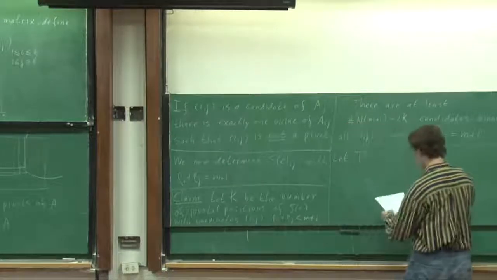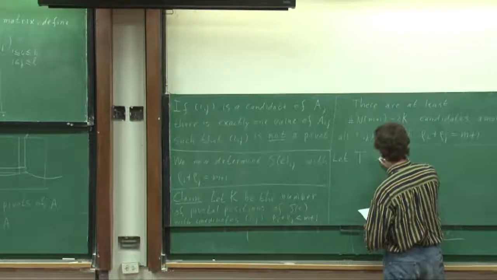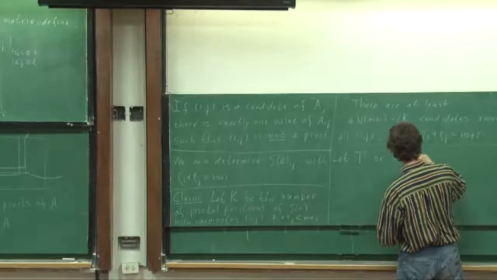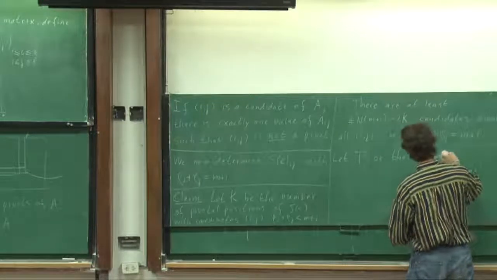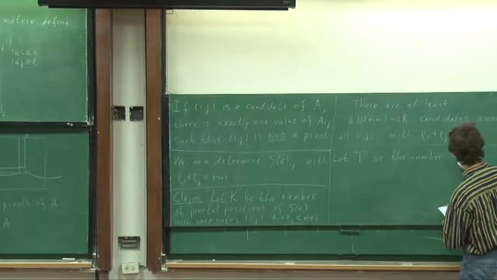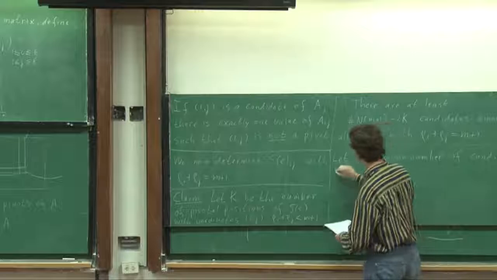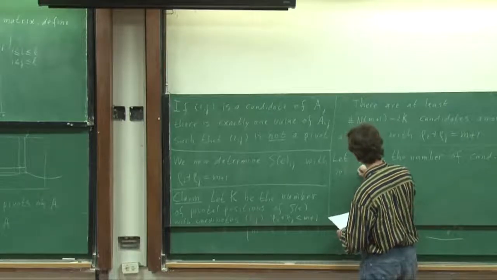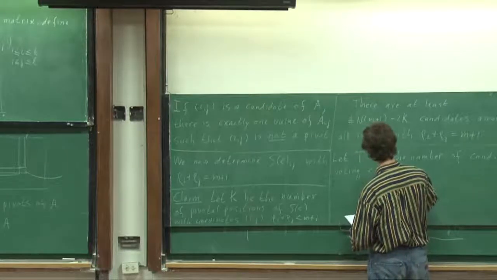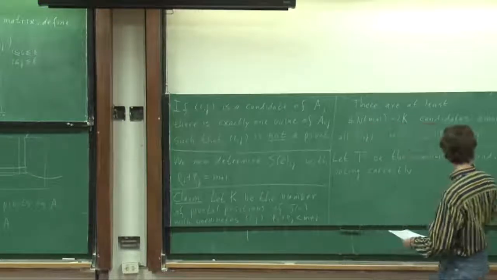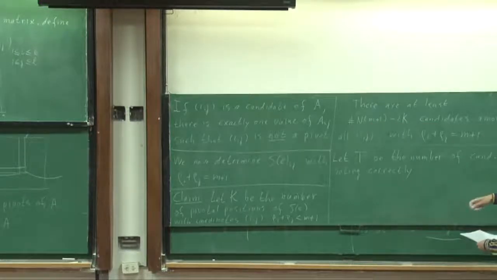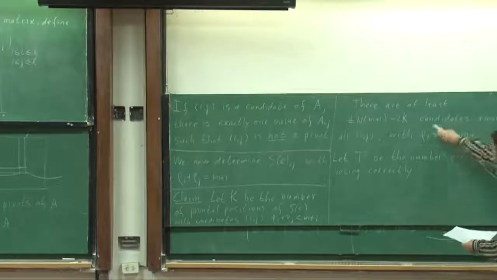So let T be the number of candidates from the above set voting correctly. What I mean here by the candidate is really this I of j satisfying this equality.